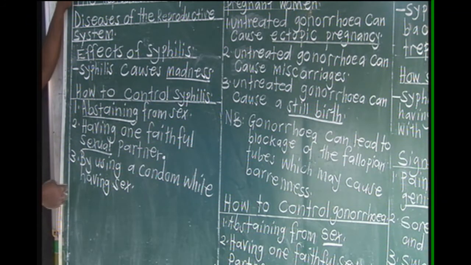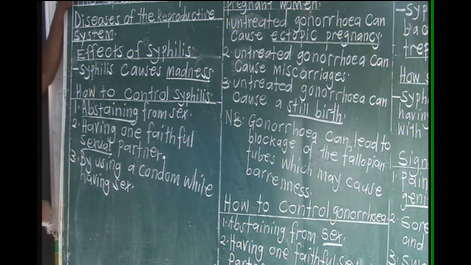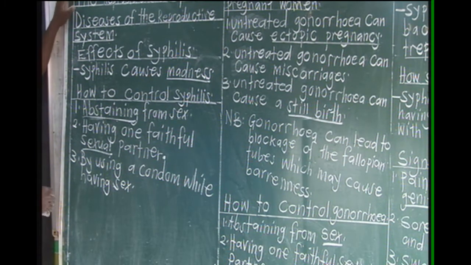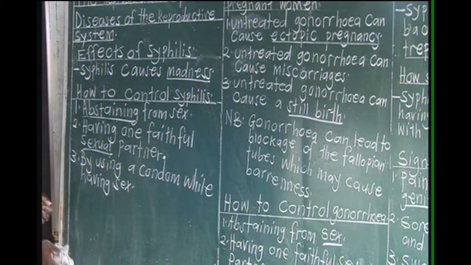The only answer is abstaining from sex. Other people, adults, can either abstain, have one faithful sexual partner, or use condoms while having sex. But school-going children like you should abstain from sex.